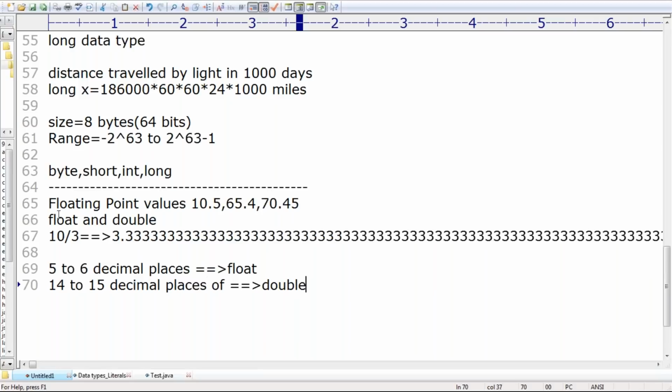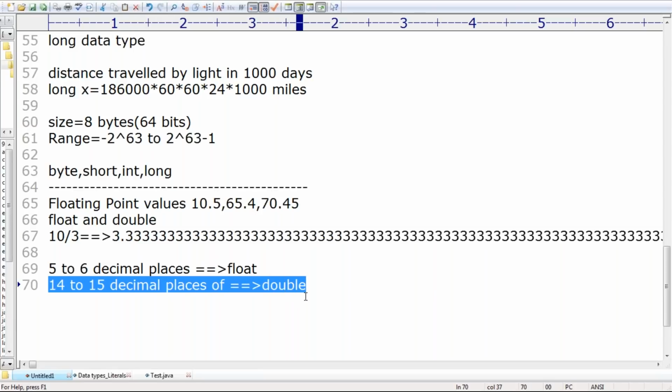Here precision, accuracy, based on that we have to go for either float or double. If you want only 5 to 6 decimal places of accuracy, happily you can go for float. If you want 14 to 15 decimal places of accuracy, then we require to go for what? Double. Clear?